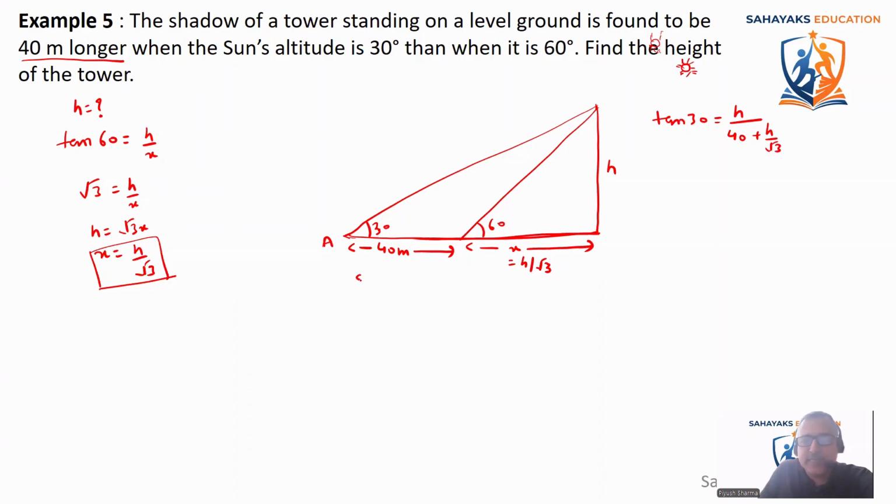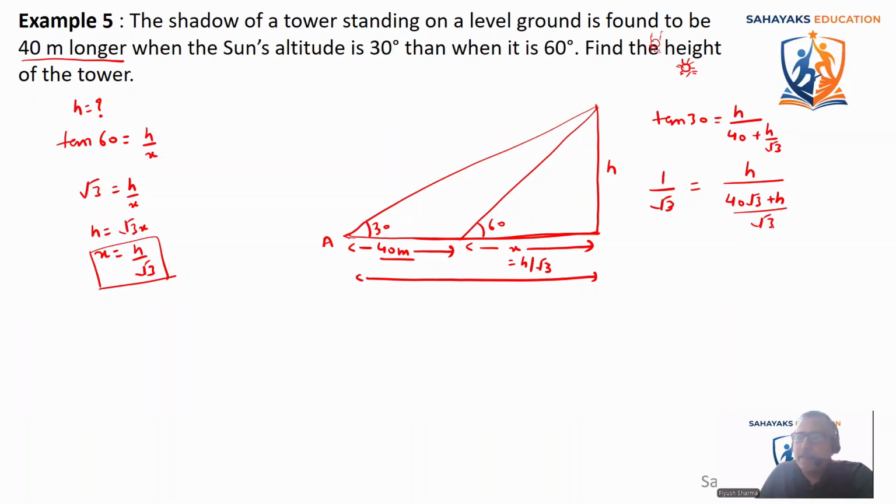We have to take the complete distance from here till here, that is 40 plus X. Tan 30 is 1 by root 3. So I'll say 1 by root 3 is equal to h divided by 40 root 3 plus h divided by root 3.